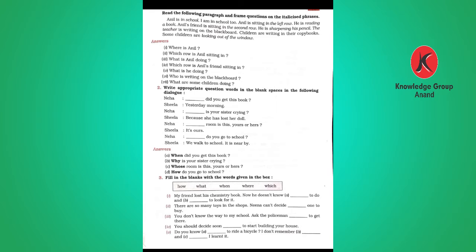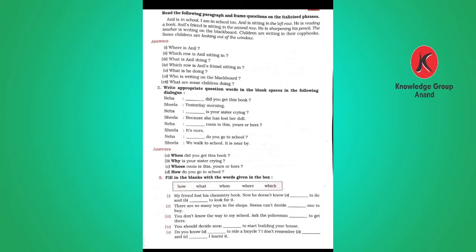So, what to do and where to look for it. In the first blank you have to write what, and in the second blank you have to write where.